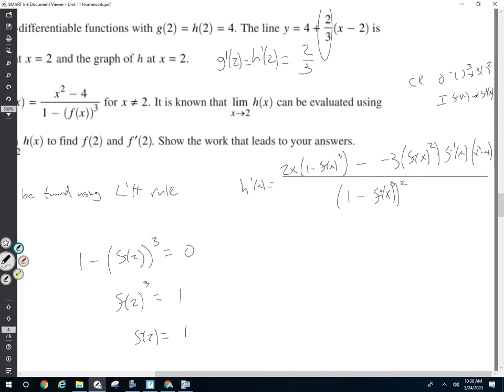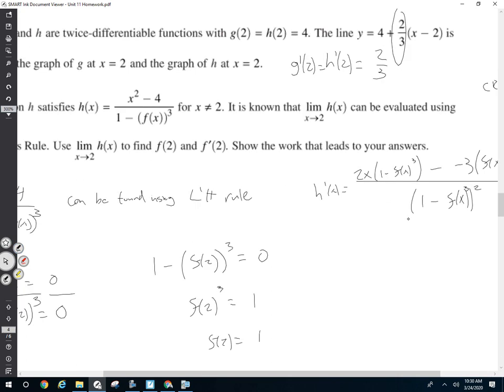Because f of 2 is 1. And if I plug in 2 in for x to find h prime, this will end up being 0. What am I missing here?